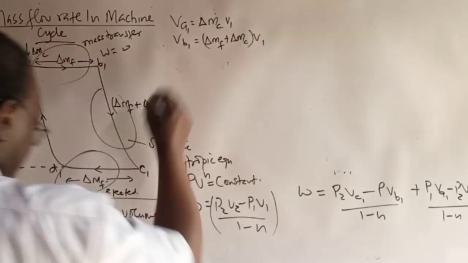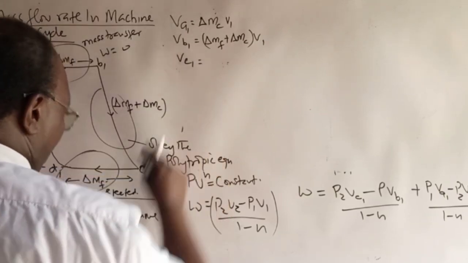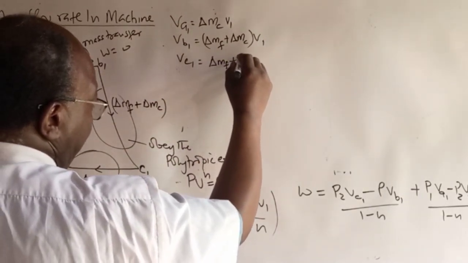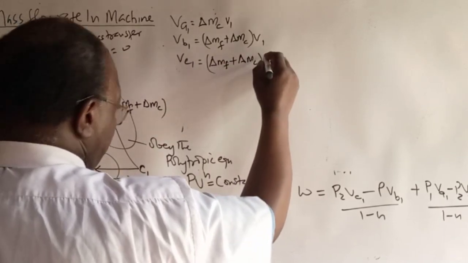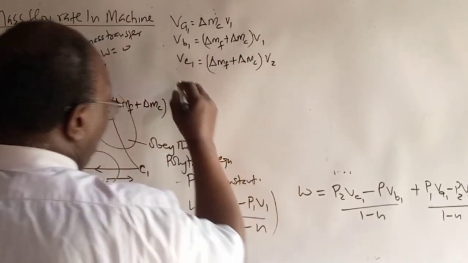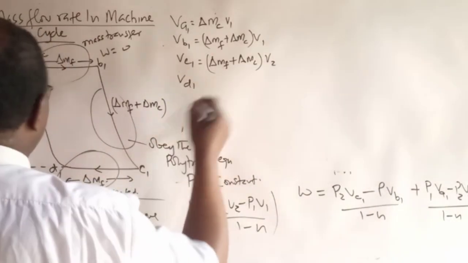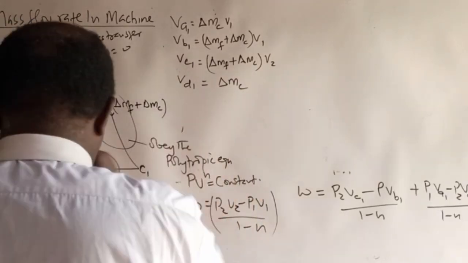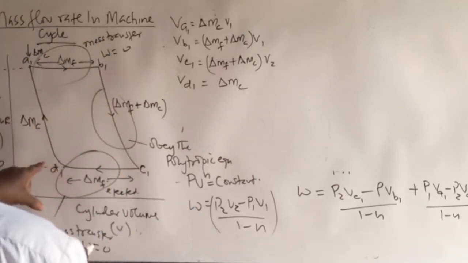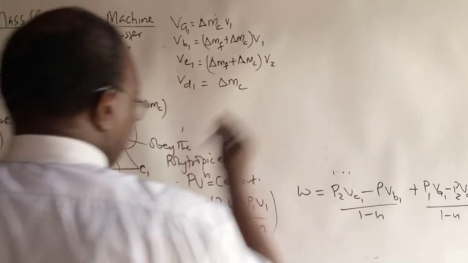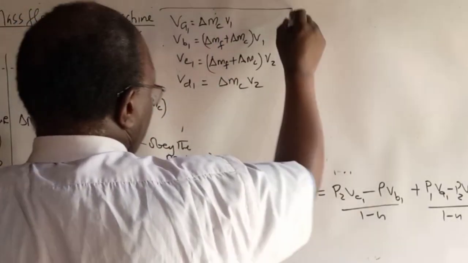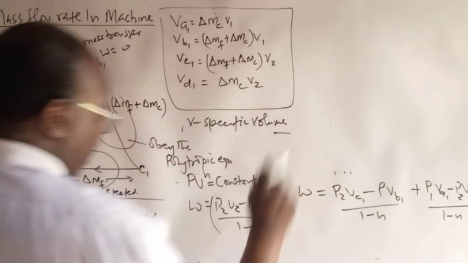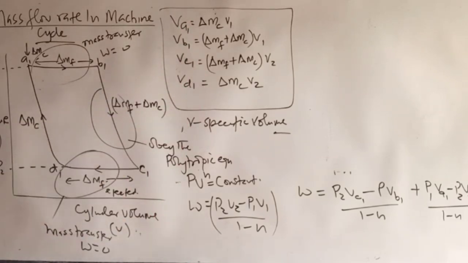And at state point C1, VC1, we will have again that mass for both clearance volume and fluid in the system times the volume at pressure 2, that's V2, and for VD1 we will have delta M for the mass, the clearance volume, as a fluid in the clearance volume, times that we are at D1, that is pressure at volume V2. Remember V is specific volume.